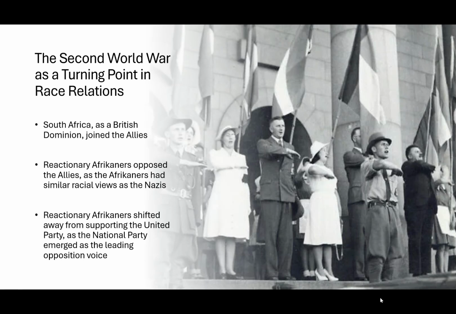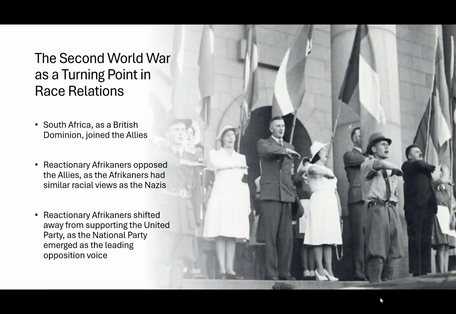recruited. The reactionary Afrikaners are going to shift away from supporting the United Party, and they're going to support the National Party. The National Party is really emerging here, re-emerging from kind of dormancy, if you will, for a minute. And they're like, hey, we are Afrikaners. We want this.